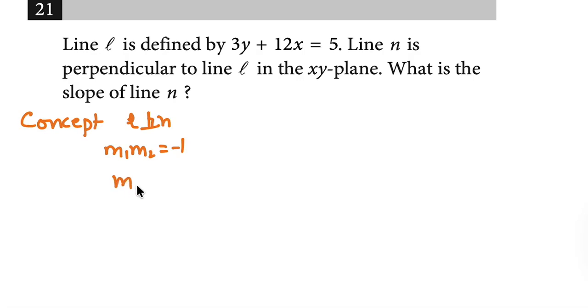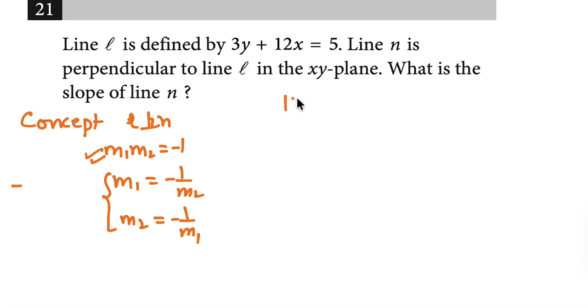Or in other words, one of the slopes is the negative reciprocal of the other one. Similarly, you can take m2 over m1. So either you can apply this directly or you can use the concept that the other slope is the negative reciprocal of the first one.